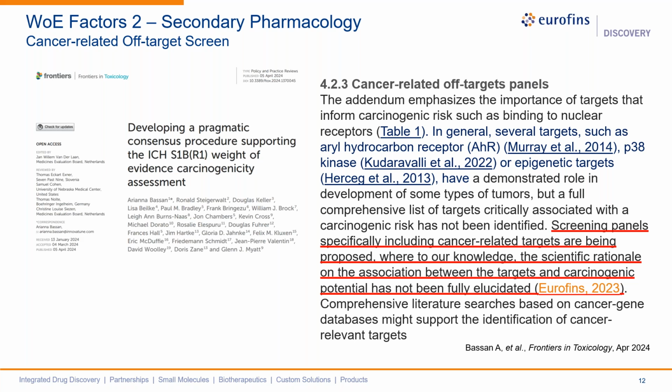Although a comprehensive list of risk targets is still being developed, the Eurofins panel has gained significant attention, with many international clients, including those advised by the FDA, placing orders for this panel for carcinogenicity risk screening. We are making progress in the right direction, though there's still some room for improvement.